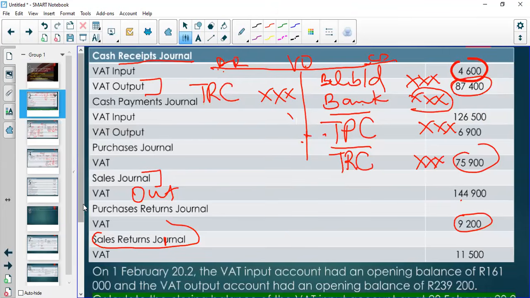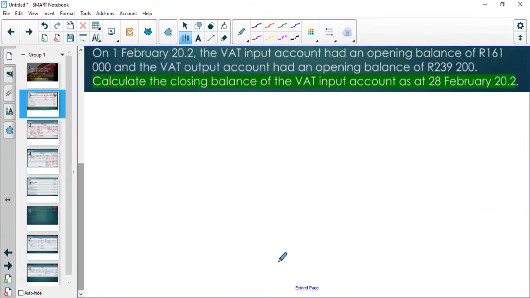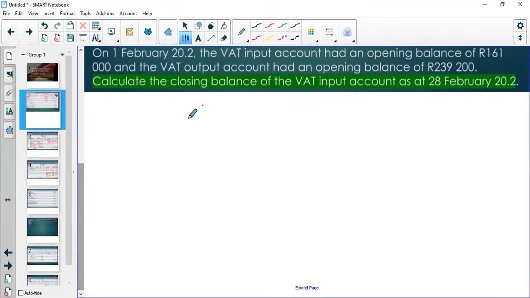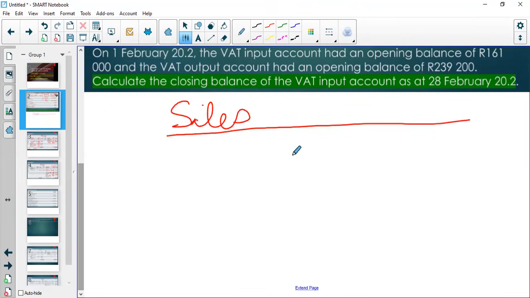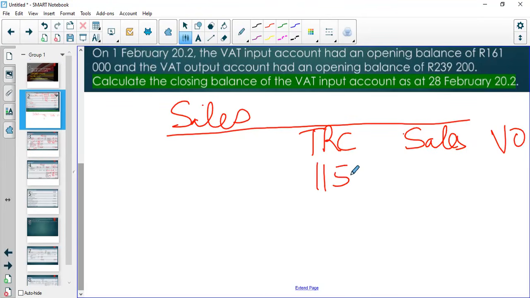All right. So I'll give you an example of a sales journal here. So let's say this is a sales journal, right? So I'm trying to make it a sales journal. So we have a trade receivables column, we have a sales column, we have a VAT output column. All right. So if this is going to be 115,000, you should be able to know how much is the VAT output, because you know that trade receivables control is recorded inclusive of VAT.